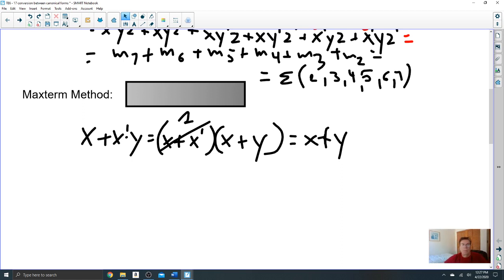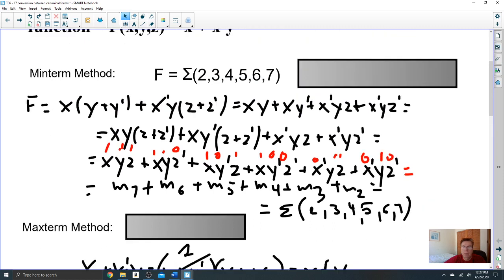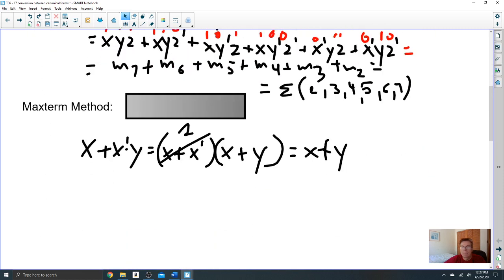Okay. Now, we're turning this function into max terms. And max terms are sums of all variables. This is a sum of two variables, and unfortunately the function is a three variable function. So there's a variable z missing here. So we have to expand it into variable z. So this is what we're going to do.